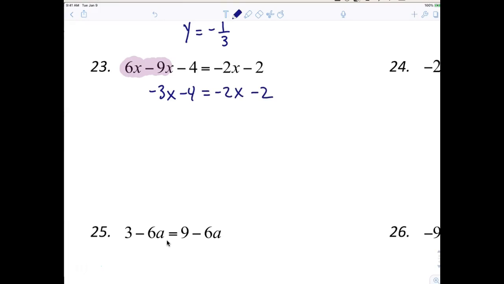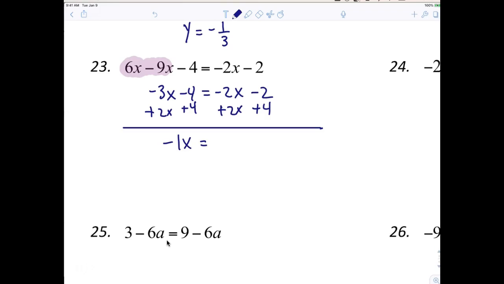Now what do I do? Plus 4. Good job. Then what? Very good. Now be careful with this one, okay? What's negative 3x plus 2x? Yes, good job. Is equal to what? 2.